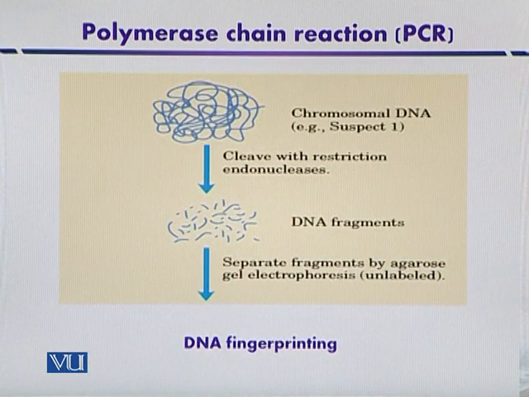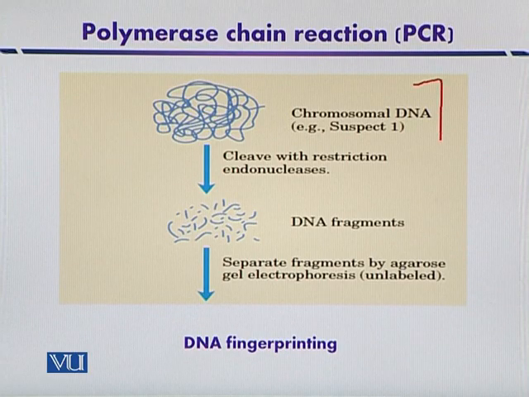Suppose we have a suspect who may be linked with certain crimes or legal matters, and we have extracted the genomic DNA from the suspect. After extraction it can be cleaved with certain restriction enzymes in the second step, so that after restriction we will get a number of DNA fragments, and these DNA fragments can be separated by agarose gel electrophoresis.